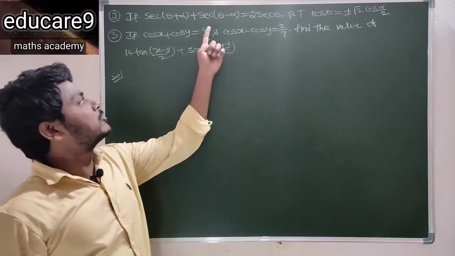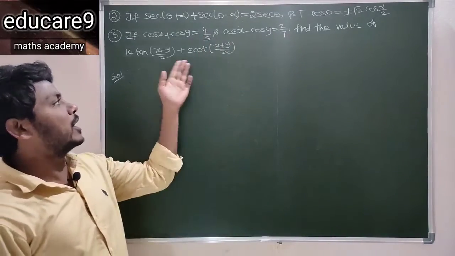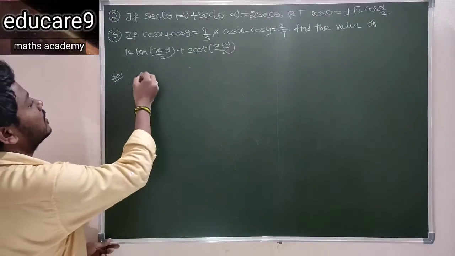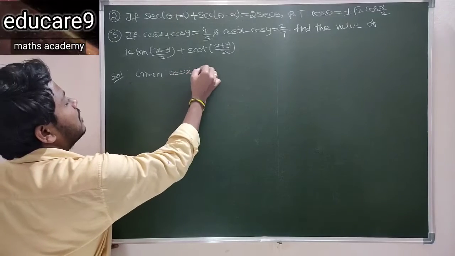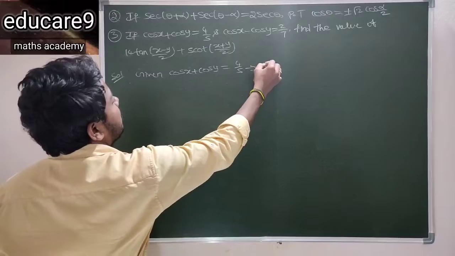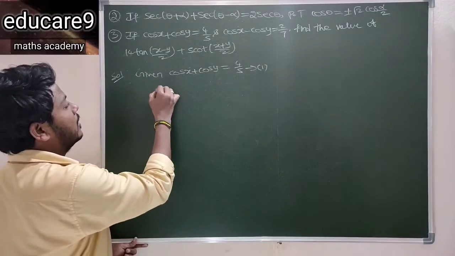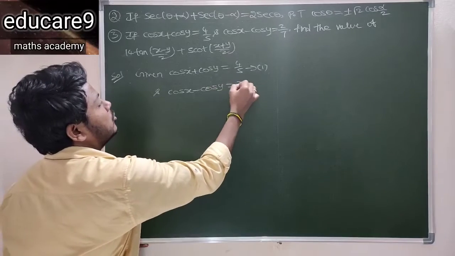Cos x plus cos y is 4 by 5. Cos x minus cos y is 2 by 7. Then find this value. See here. Given cos x plus cos y is equal to 4 by 5. This is equation 1. And cos x minus cos y is equal to 2 by 7.